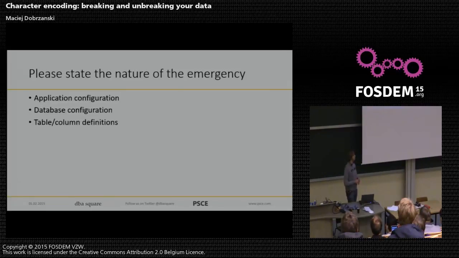So what can go wrong, or when can things go wrong? This session is about breaking and fixing character encoding. Encoding is maintained on multiple levels, from the presentation layer, like a web page or a terminal or a screen, down to the data storage, so tables, columns, and so on.